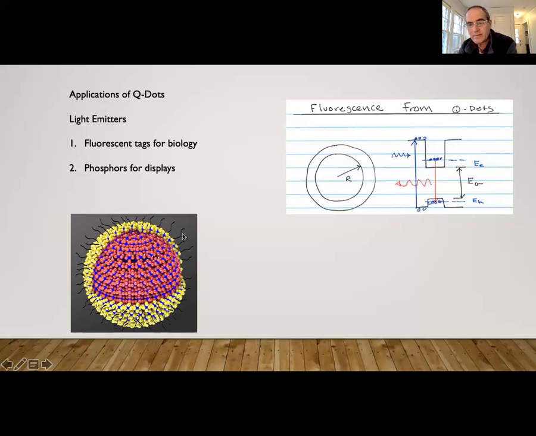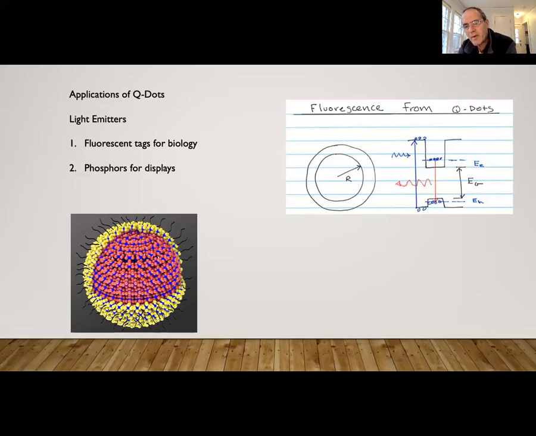The last thing, something we haven't talked about at all, is that semiconductor quantum dots can be functionalized by attaching ligands that allow them to dissolve in water or another solvent. So this allows them to stay in solution and not agglomerate.